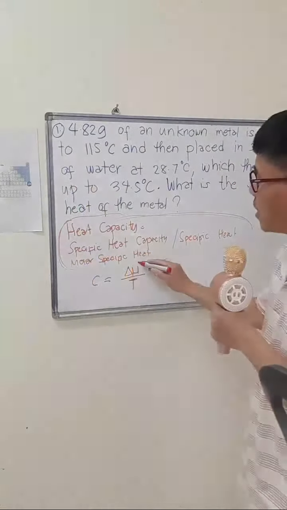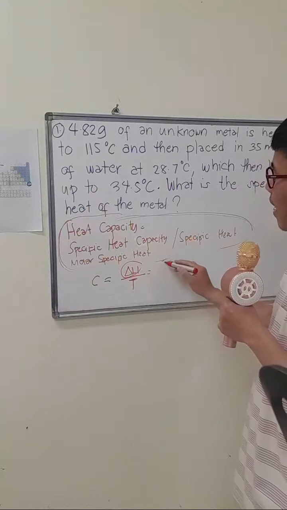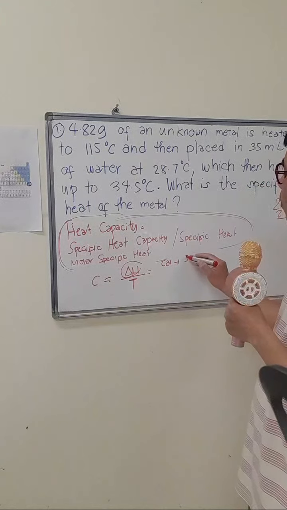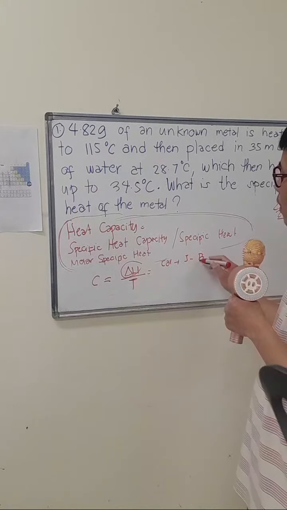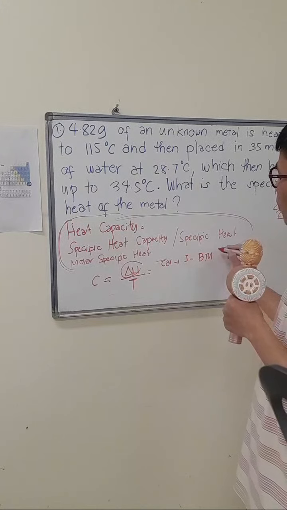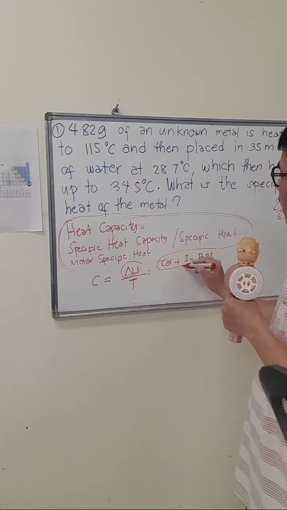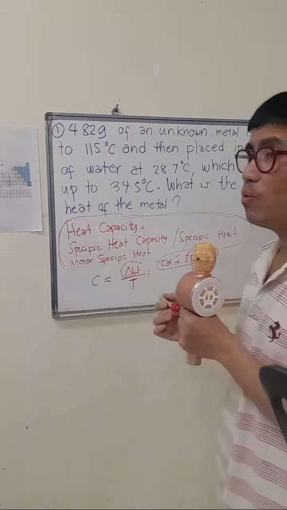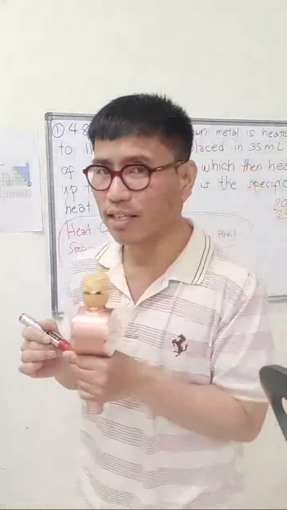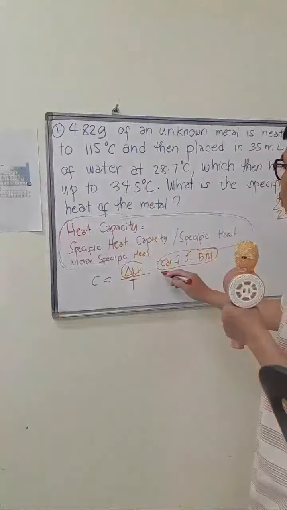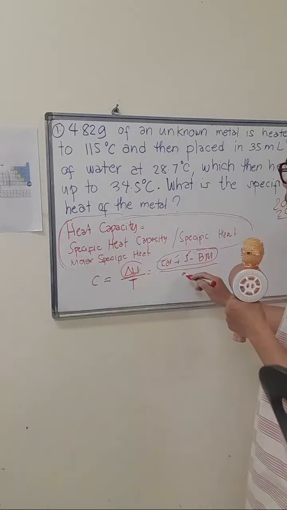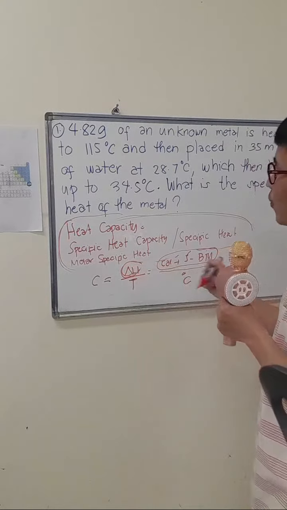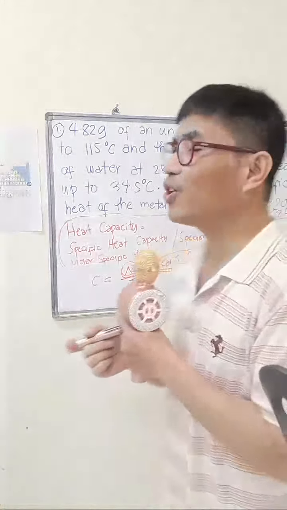Now, the delta H here could be in calories, joules, or BTU, because these are common units of heat energy: calorie, joules, and BTU, British thermal unit, over degree Celsius.